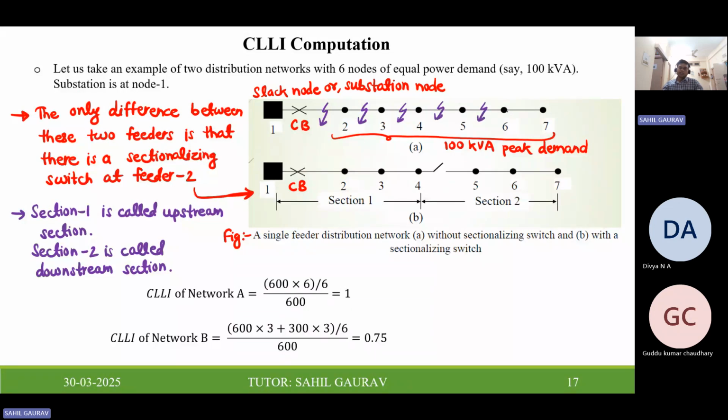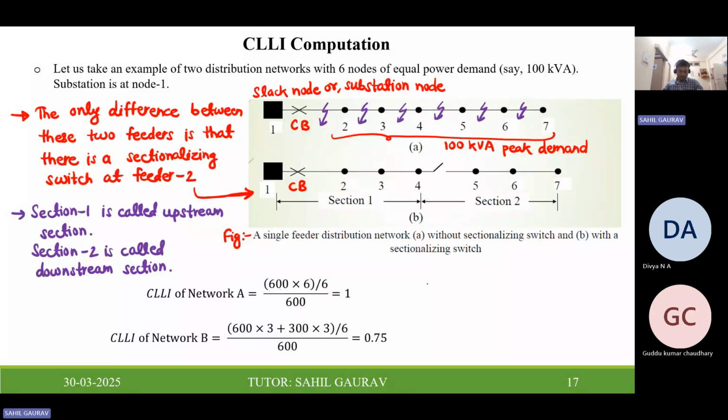All the 600 kVA load demand will be interrupted. So the CLLI of network A is 600 into 6 upon 6.